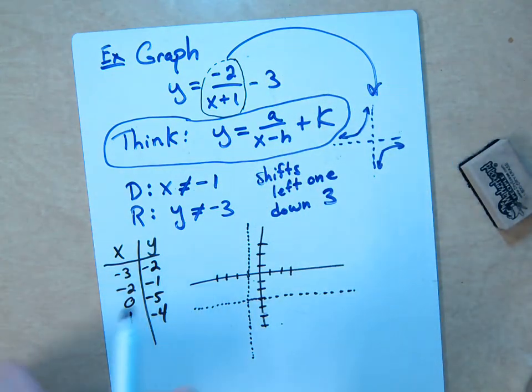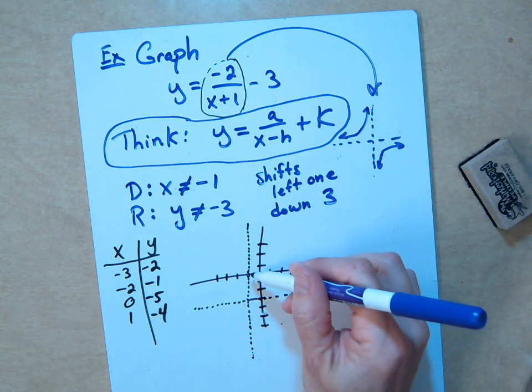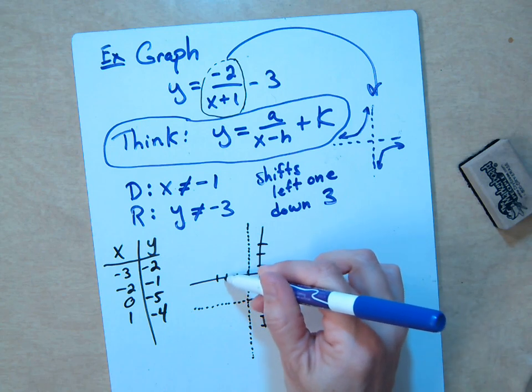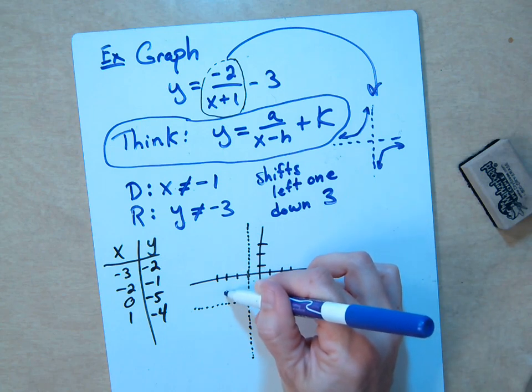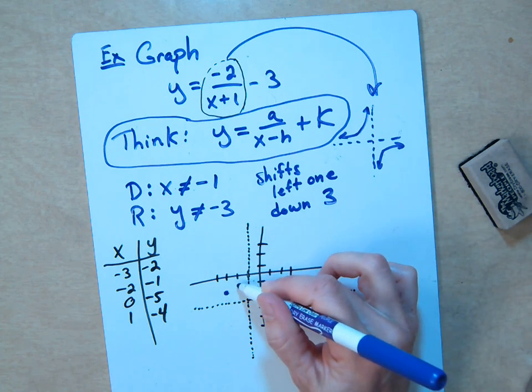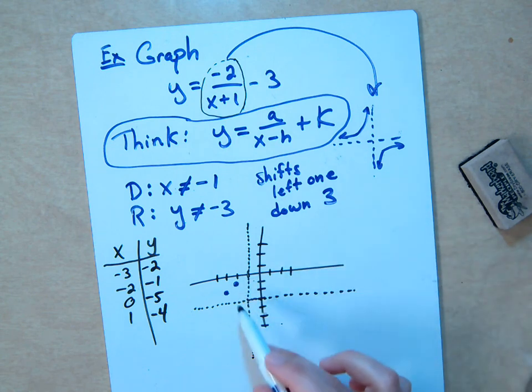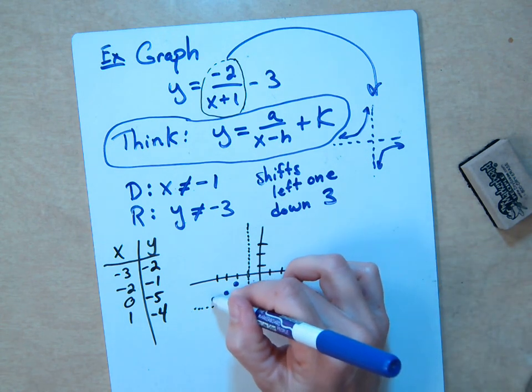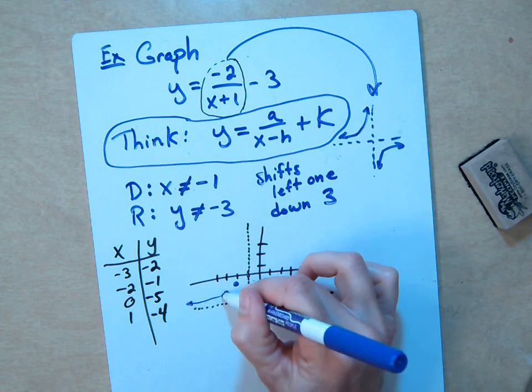So let's just plot those and graph it, and we'll be done with the hardest example that we can find. So -3, -2 is right there. -2, -1 is right there. Okay, we have those 2 points. So we just make the shape since we know the shape.